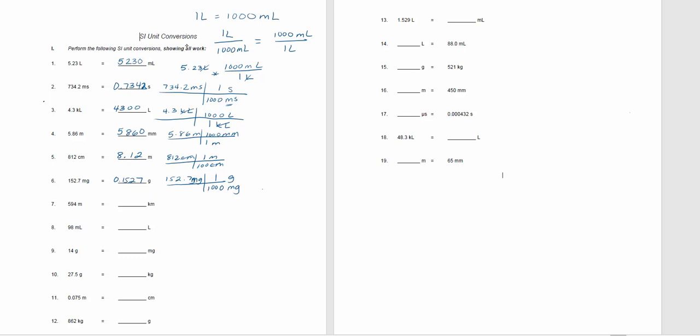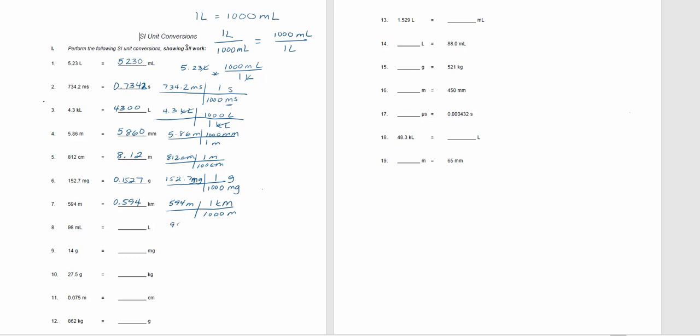Converting meters to kilometers, you have 594 meters. And there are 1,000 meters in 1 kilometer. So you divide 594 by 1,000 and get 0.594 km.